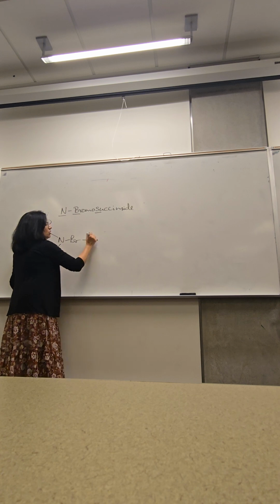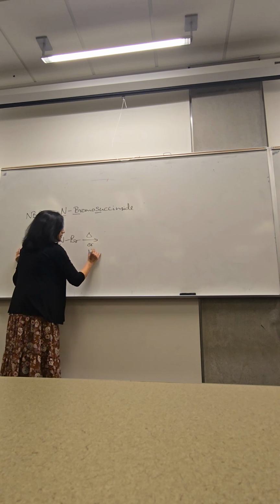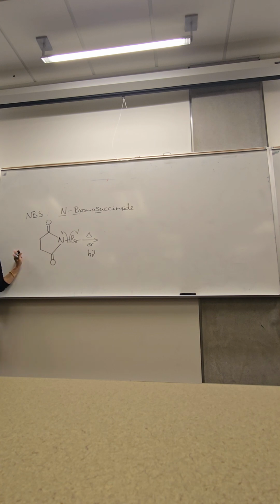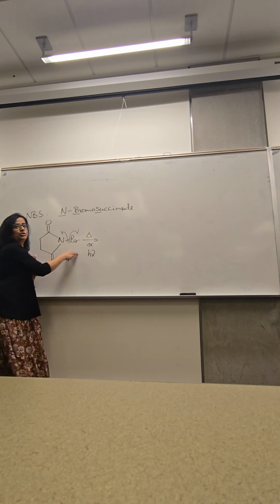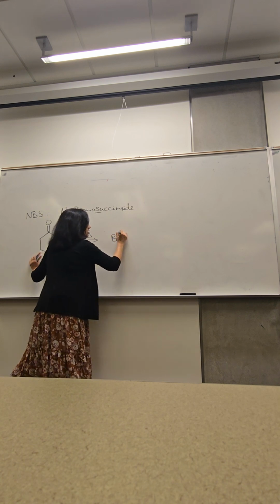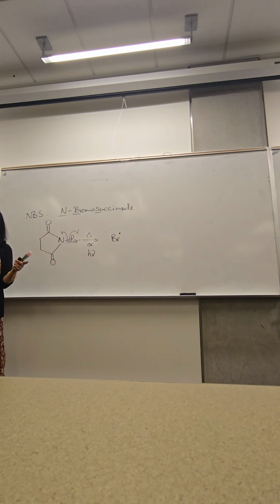When you heat or light, it's this bond that homolytically breaks, and there are some medications that are called slow release. What does that mean? When you take it, they go in your system, but they release the active ingredient slowly. This is kind of a slow release bromine producing reagent. It produces bromine atoms, but slowly.